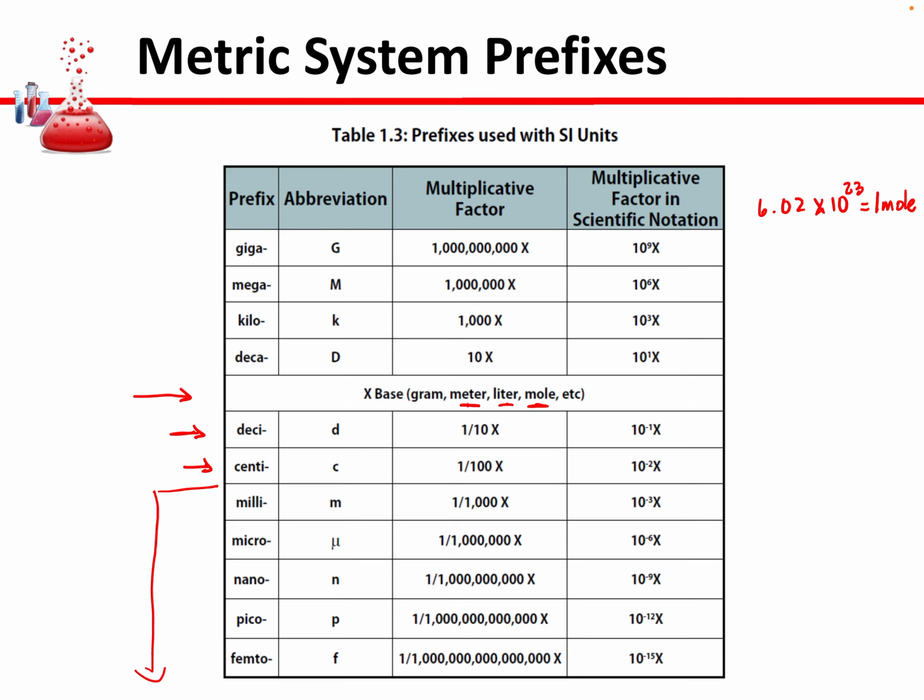When we're going down from the base unit, we're getting smaller units. And when we're moving up from the base unit, this is getting bigger. So this is moving by a factor of 10, and then all of these on up are by 1,000.